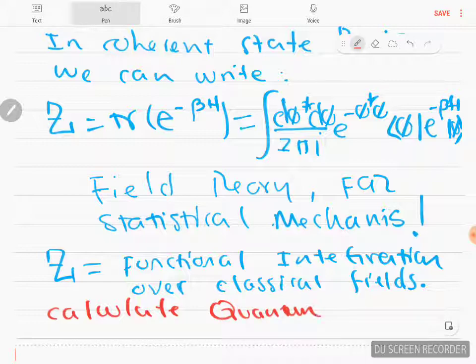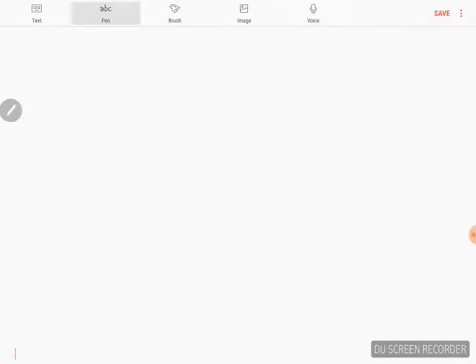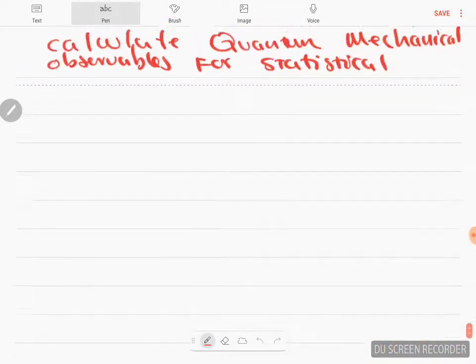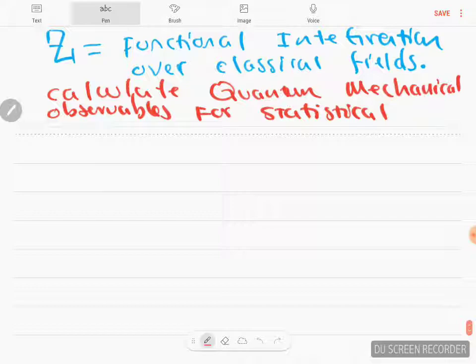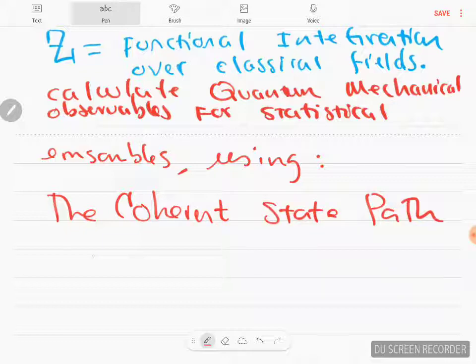quantum mechanical observables for statistical mechanical systems using the coherent state path integral.